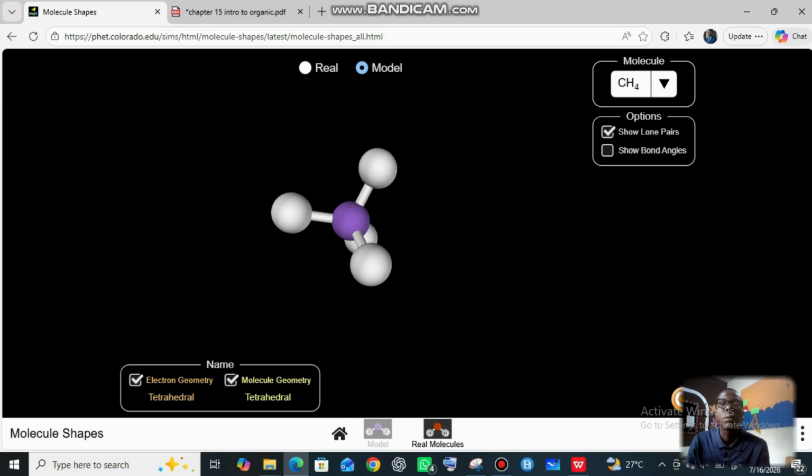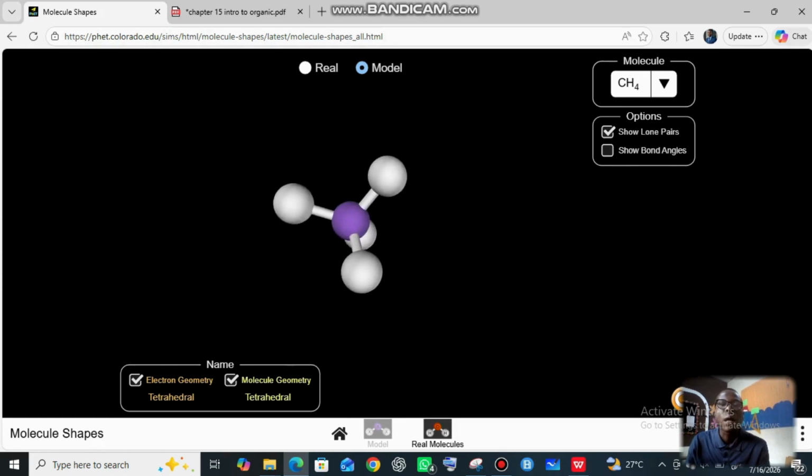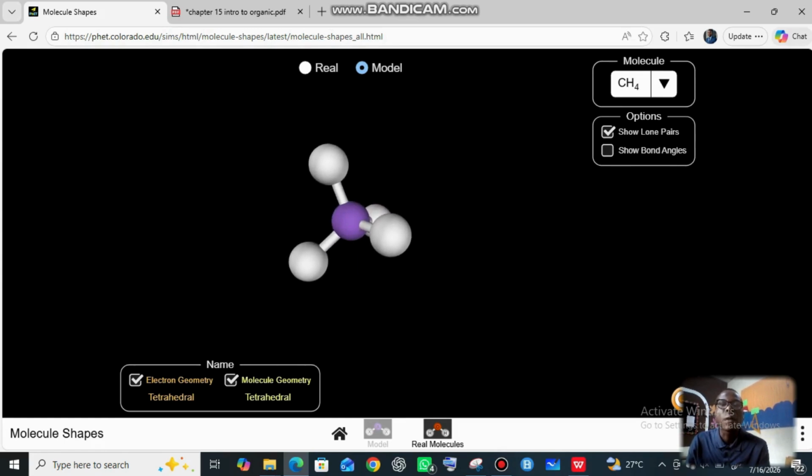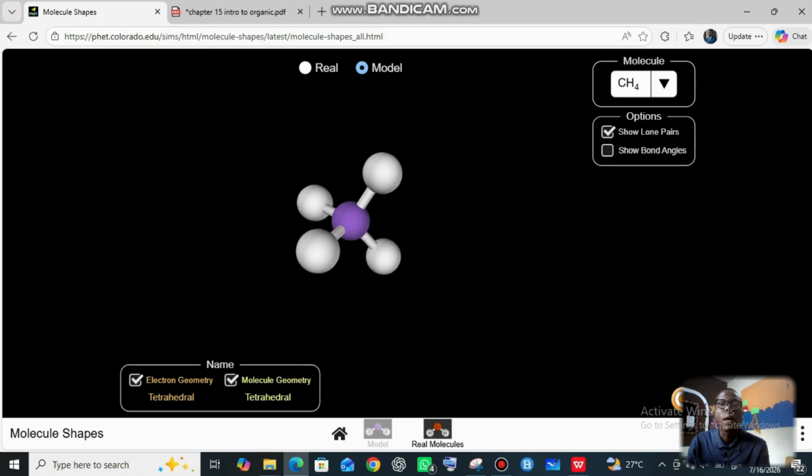Here it shows how the carbon atom is bonded to the 4 different hydrogen atoms. When I rotate this, you see how the hydrogen atoms are bonded to the carbon atom. You can also get the bond angle. The bond angle is about 109.5 degrees.